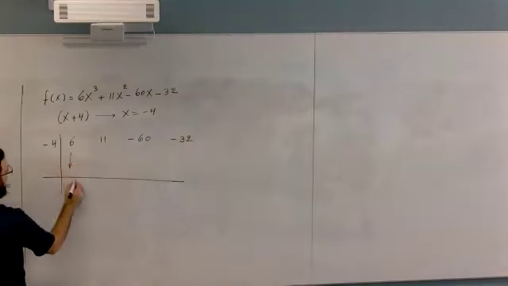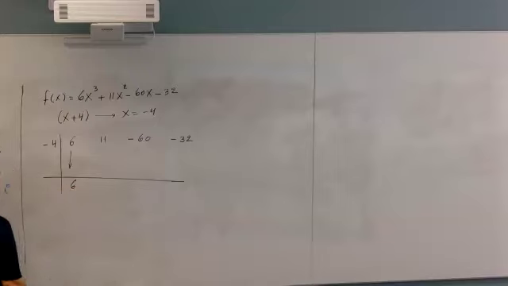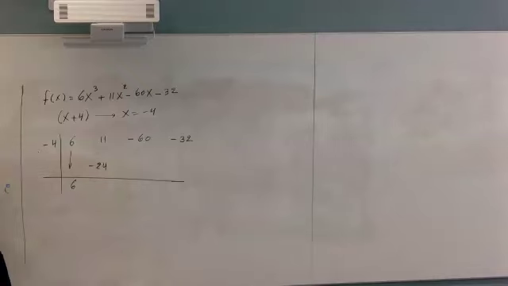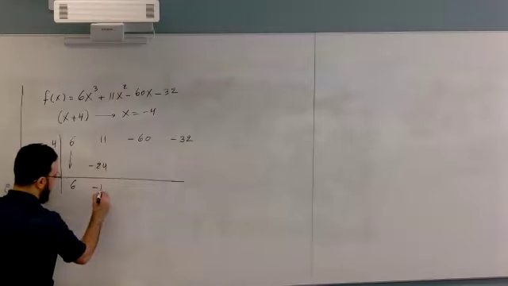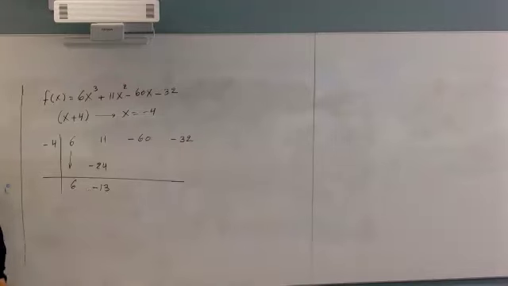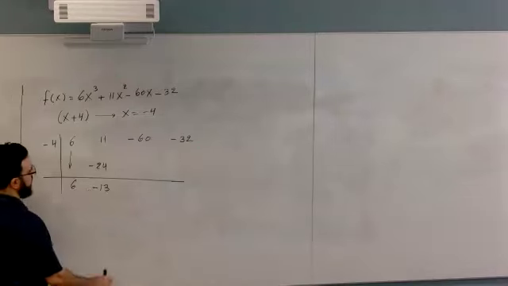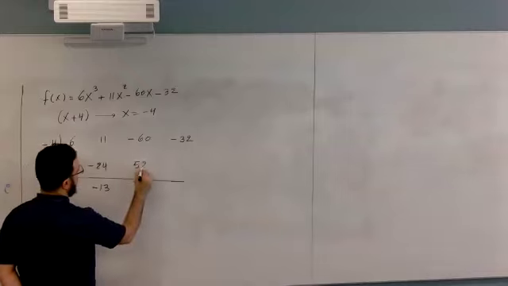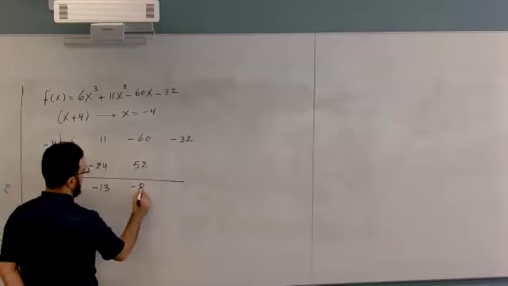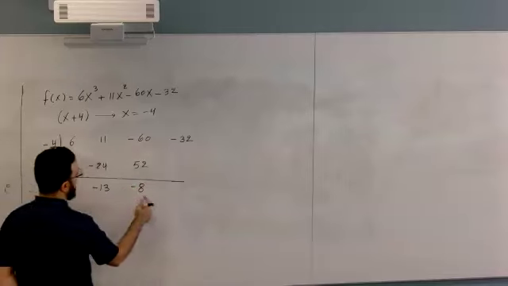Write down the first number, and the 4 times 6, 24. Yes or no? Now 11 minus 24, negative 13. Now let's multiply. Negative 4 times negative 13, 52. Negative 60 minus 52, negative 8. Negative 4 times negative 8.